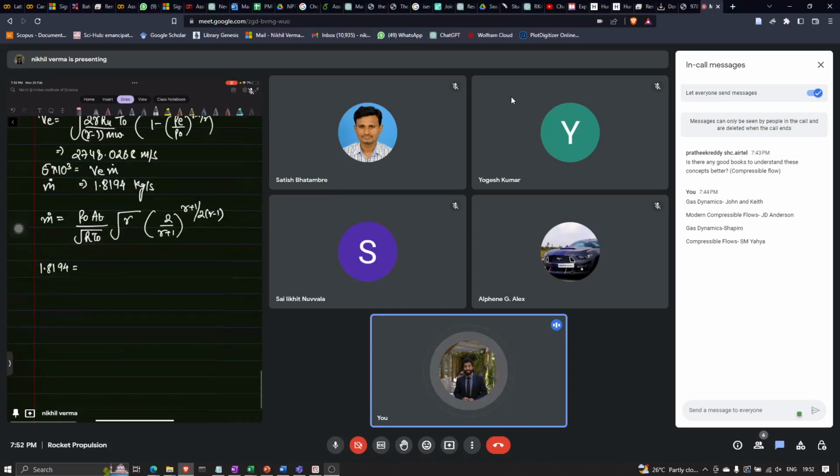P naught is given as 2.07 into 10 to the power 6. R is Ru by molecular weight, so this is 8314 divided by 23.4. You will get this as 355.299, into 2880, with gamma 1.4.